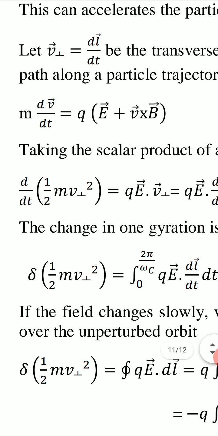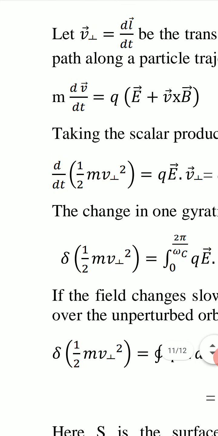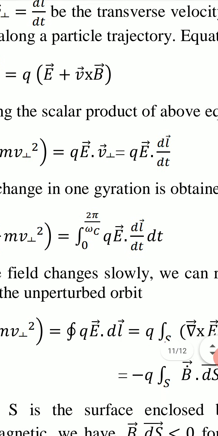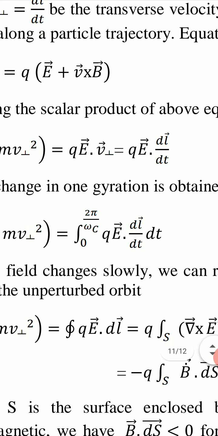So we have force due to electric field E and force due to magnetic field B. On the left hand side we have mass into acceleration, m dv upon dt, which is the force, and this force is equal to q into E vector plus v cross B. qE is the force due to the electric field, and qv cross B is the force due to magnetic field B.